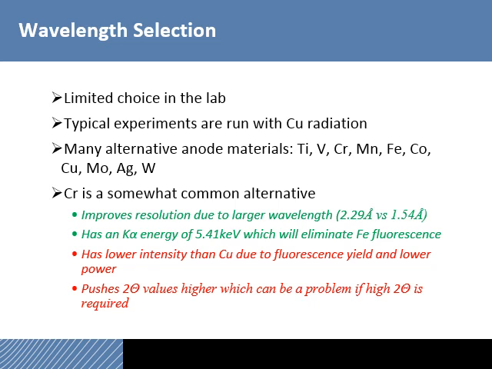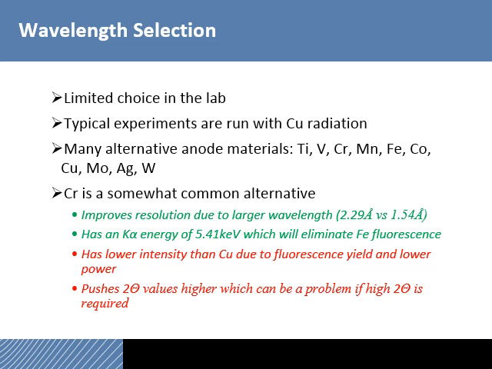The wavelength selection, all right, for the most part, you will find 90–95% of the diffractometers in the world use a copper anode, a copper tube. By and large, you don't really have a choice in what wavelength you have. You're kind of limited to what the lab happens to have in place.